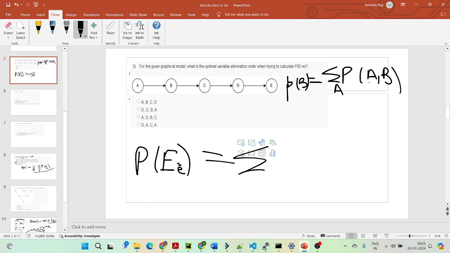And if there are C and D, then summation over C and summation over D. To get this one, I have to sum over all these variables, removing these four variables so that only E is left. Simple enough. So summation over everything other than E, and what I have here is the joint distribution of A, B, C, D, everything.